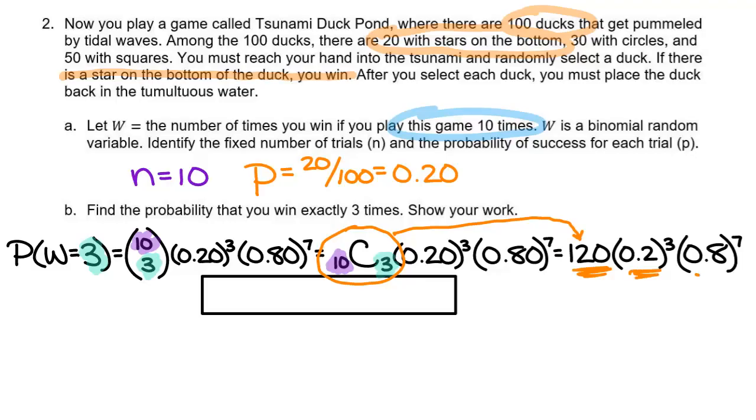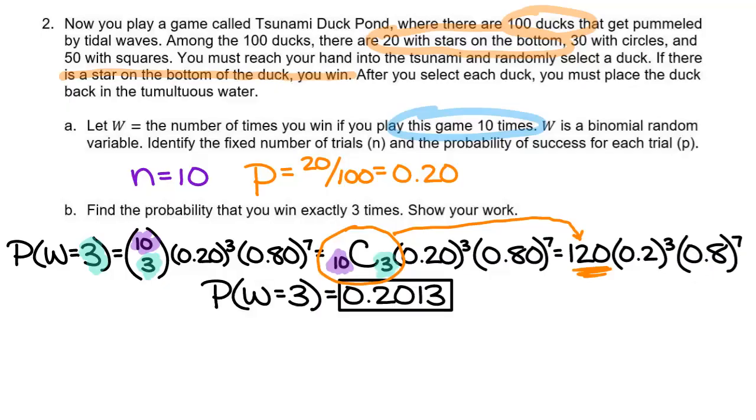And then this part hasn't changed and this part hasn't changed. So I can go back to my graphing calculator and type in this entire multiplication problem here with my exponents. I'm going to type in 120 and then parentheses 0.20 to the power of 3.